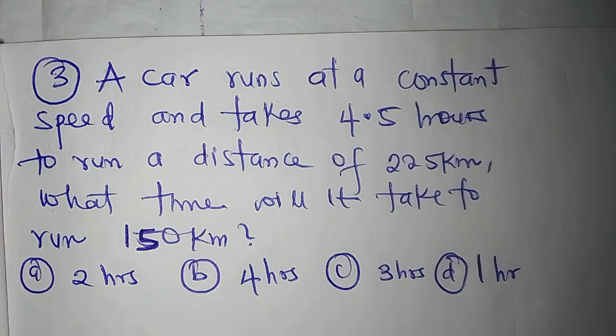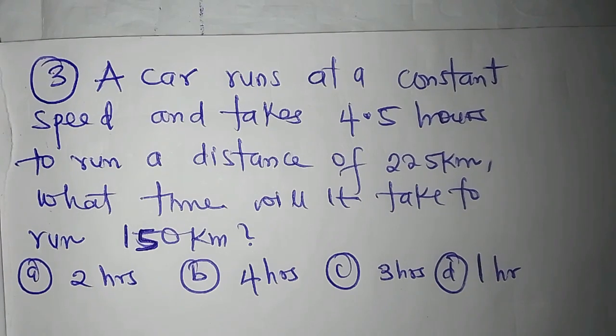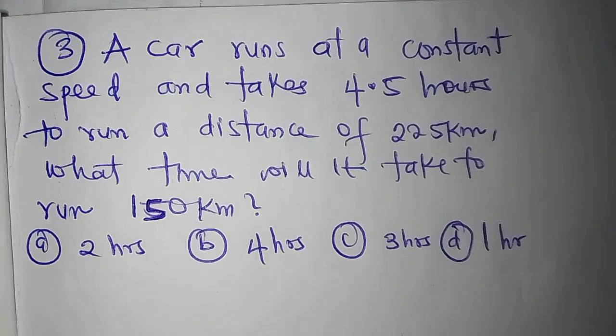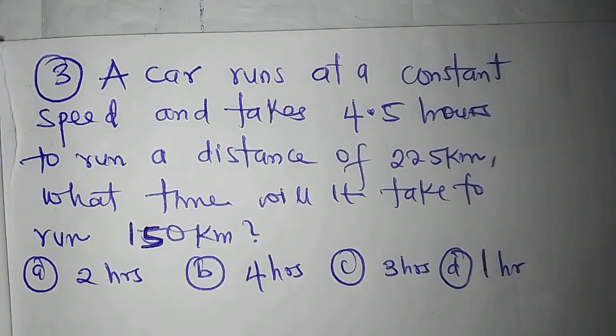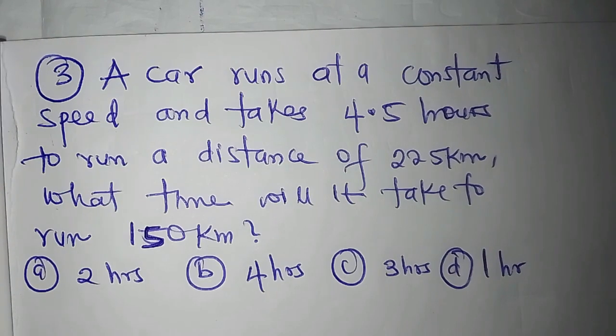Now this is question 3. It says, a car runs at a constant speed and takes 4.5 hours to run a distance of 225 kilometers. What time will it take to run 150 kilometers? Here we are talking about speed, distance, and time.